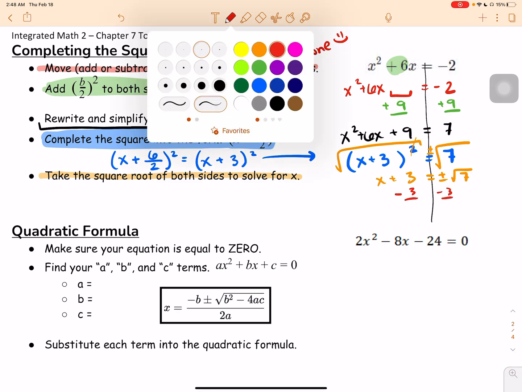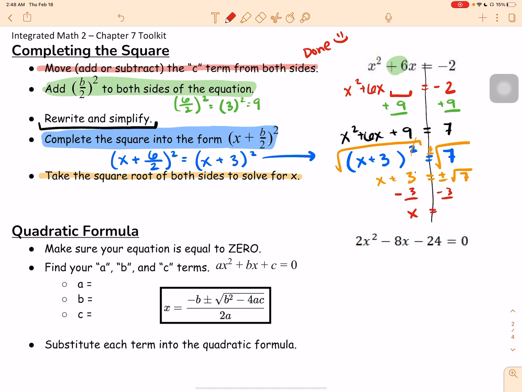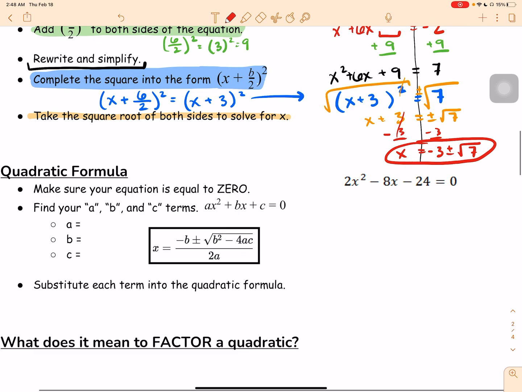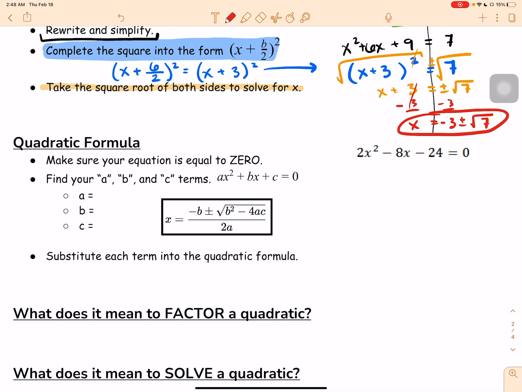So x equals negative 3 plus or minus root 7. And honestly, this might be your answer choice on the test. It all depends on how the test is going to be written for chapter 7-8, so we'll find that out sooner before the test. All right, so that is how you would solve that. You can always plug it into the calculator to get decimals as well.